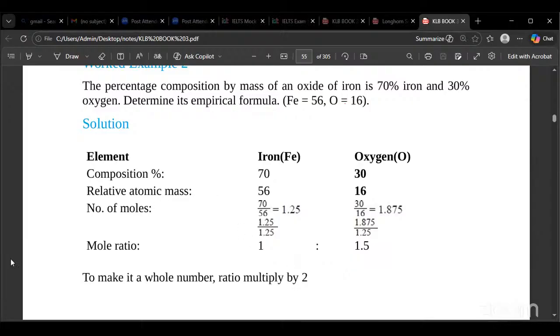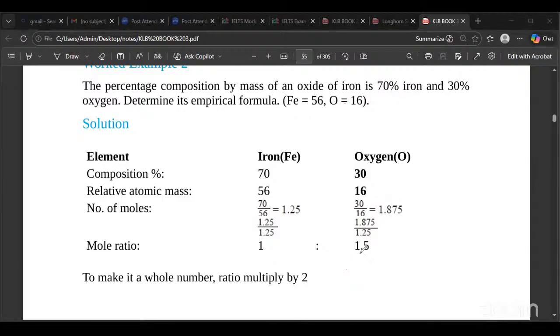Before you say what you have done, I mentioned it above that if it is 1.5, if it is 2.5, if it is 3.5, you don't round off. You multiply. Now, this one is 1. 1.5 is actually 3/2.